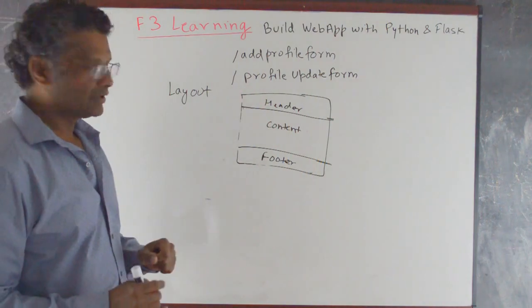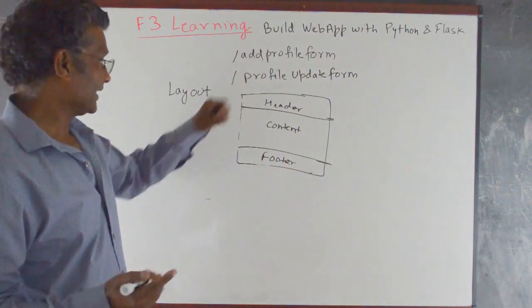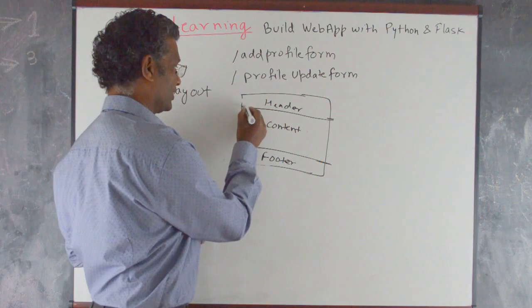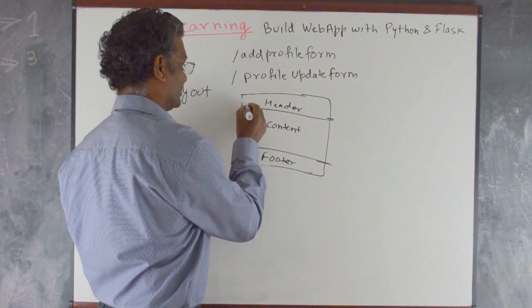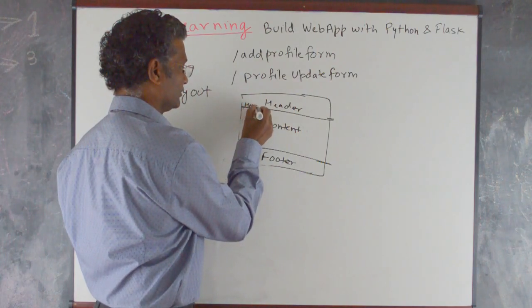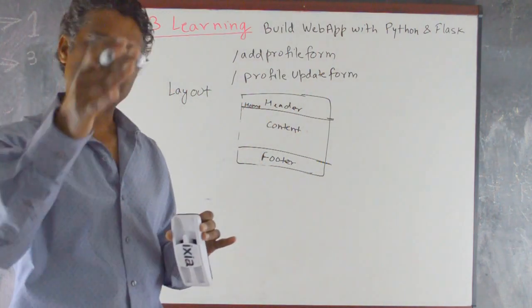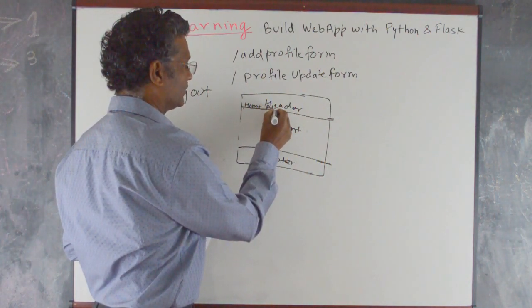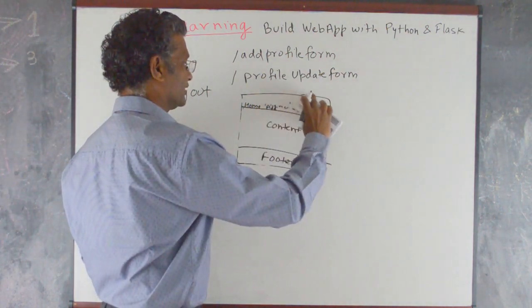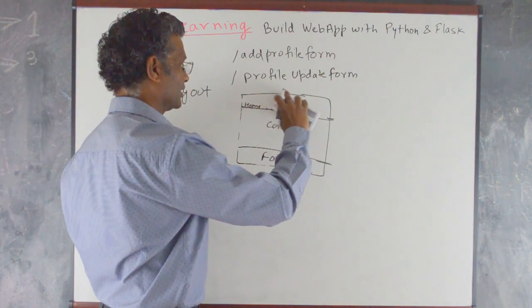What do we want in the header? We want the links. So one thing we would have in the header is, let's say, a home page, so we can always go back to the starting page. We would have a link to add profile. I'll just clear this so that we know what content we are talking about.